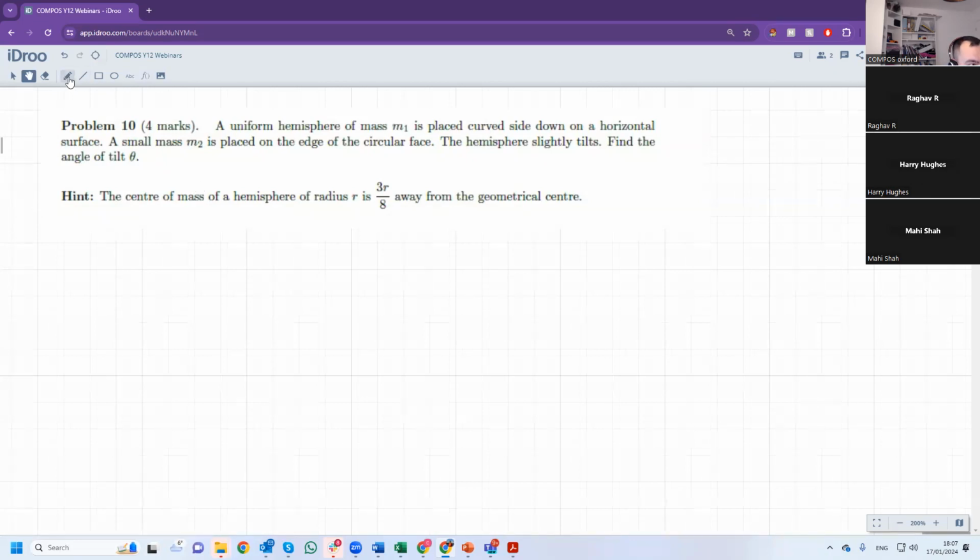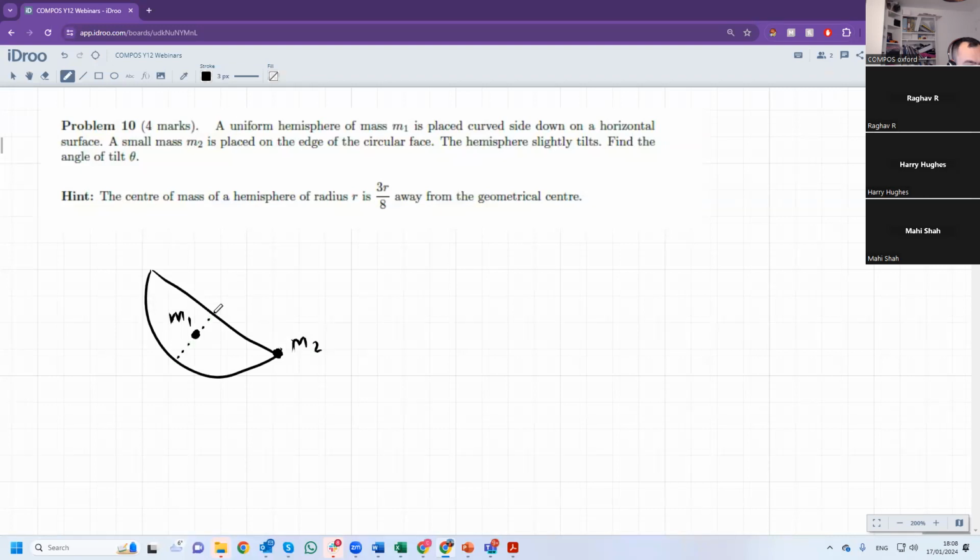Well, the idea here is you have a hemisphere that is tilted, and you have two masses. This is m1, and this is m2, the mass.